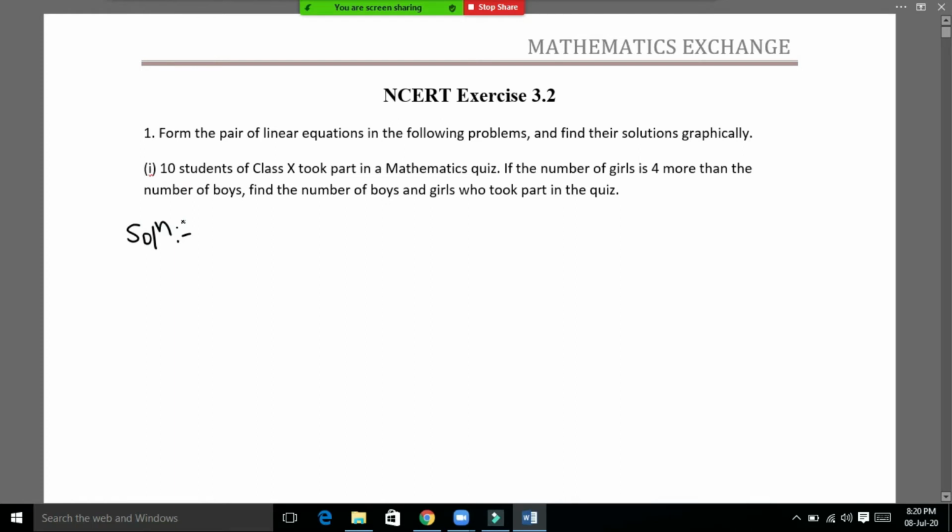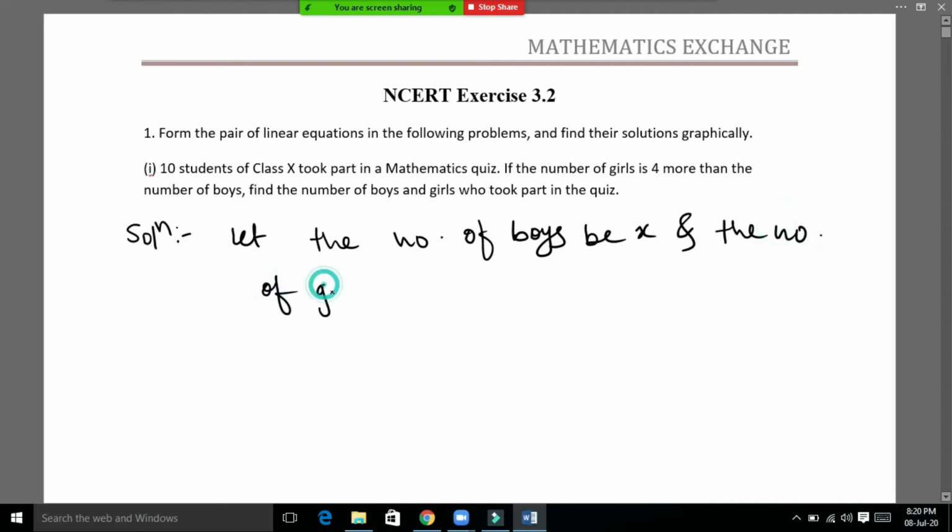Now we have to take the number of boys in one variable and the number of girls in another variable. Let the number of boys be x and the number of girls be y. Now the first statement tells us that 10 students took part in the mathematics quiz. 10 students means including boys and girls.